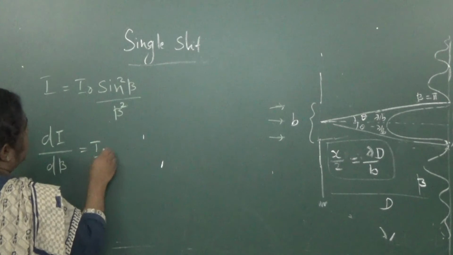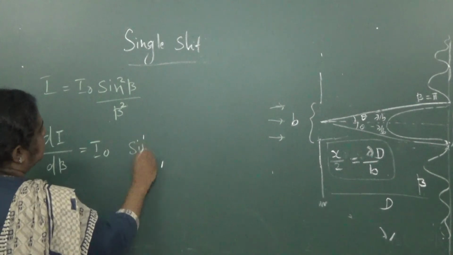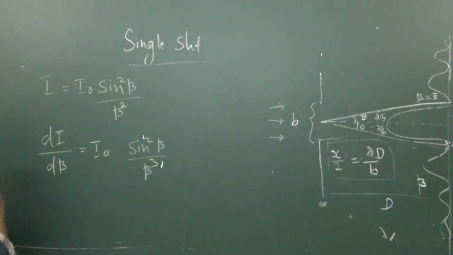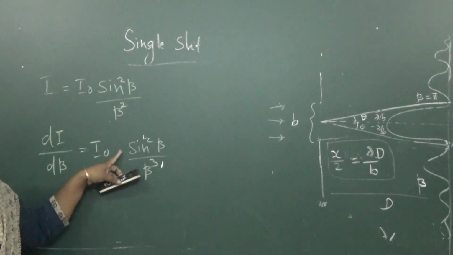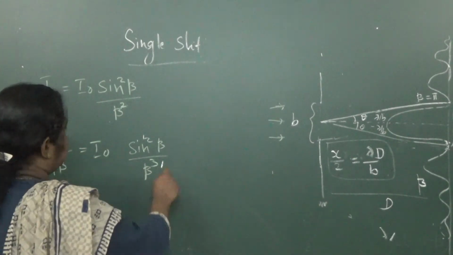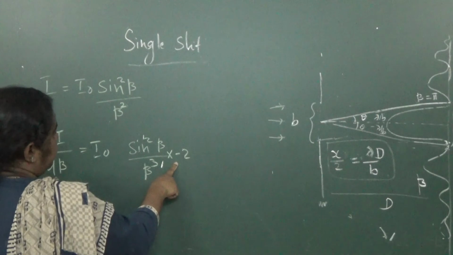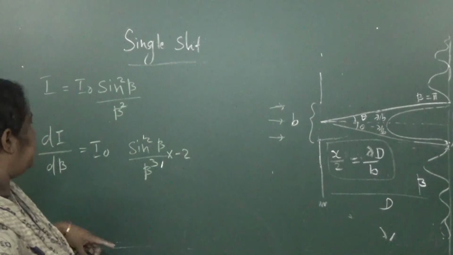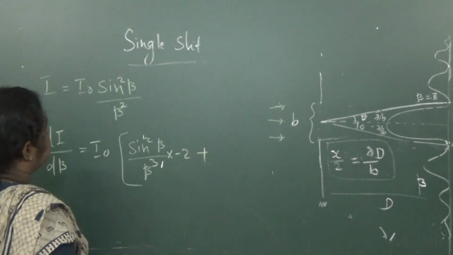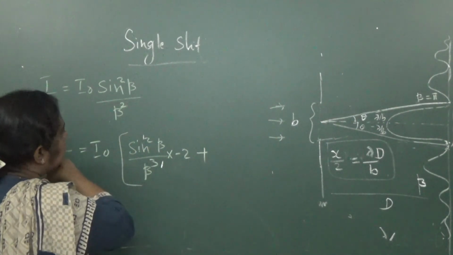Okay, I0 is common. Then take d by dβ of sin square beta by beta square. You can do the UV method or U by V method, you can take any method.